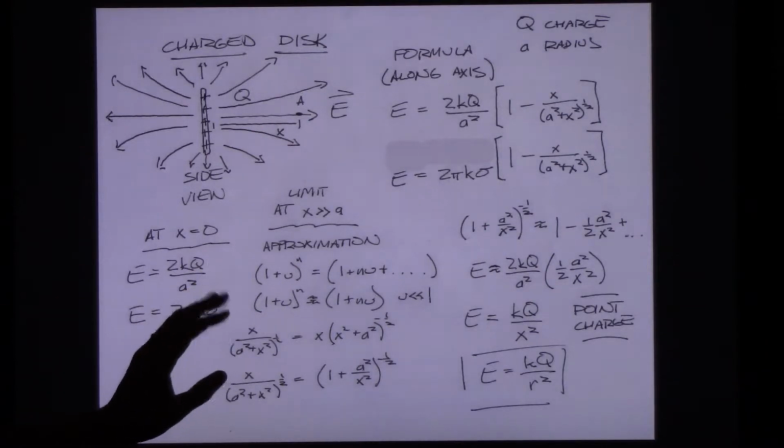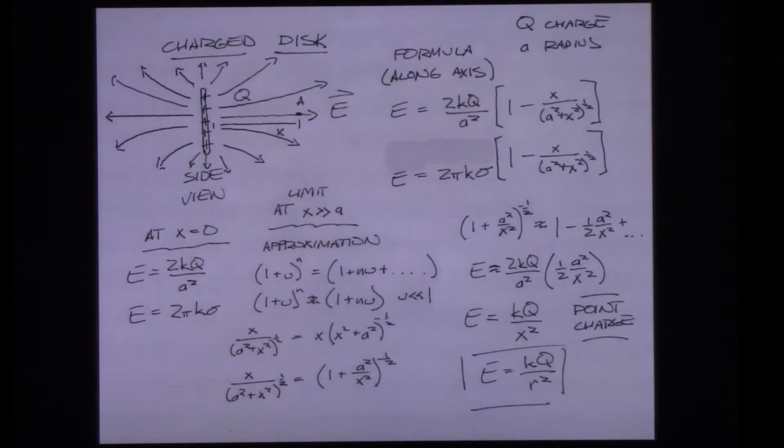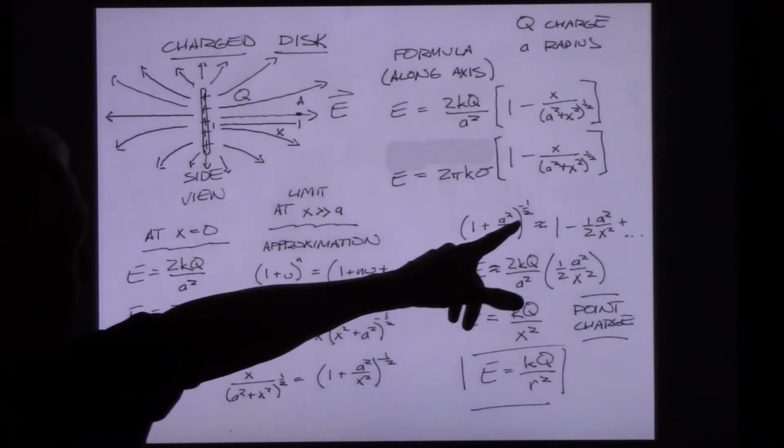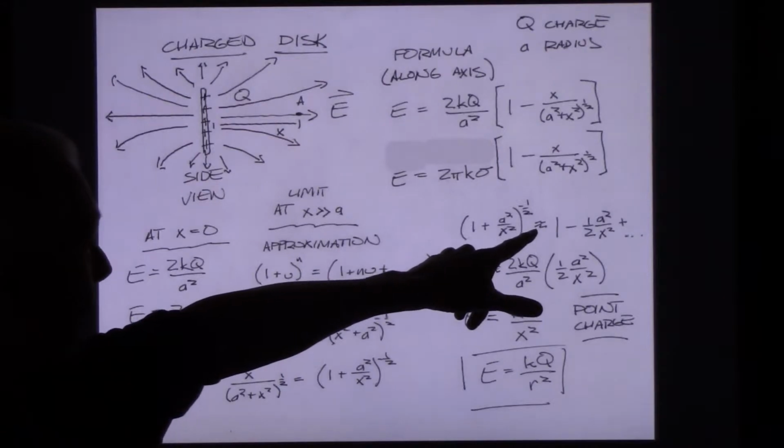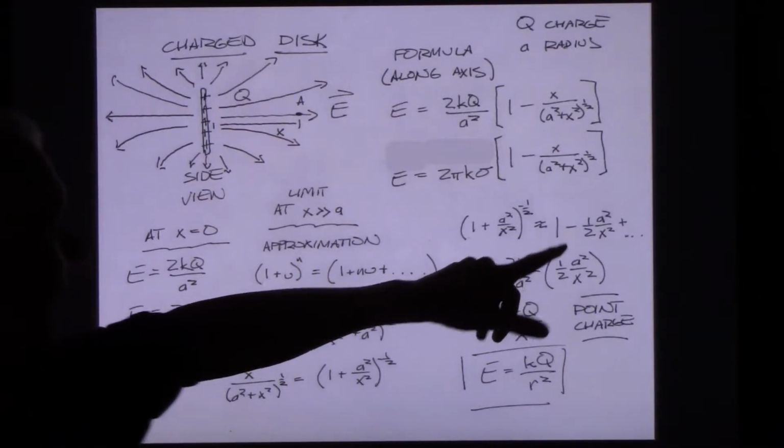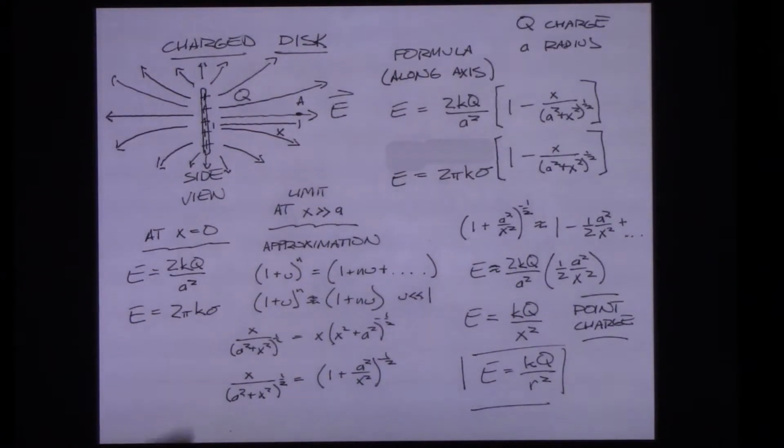So this approximation formula works for positive and negative power expressions. So I can take the 1 plus a squared over x squared to the minus half and replace it with 1 minus 1/2 a squared over x squared. Now, there's more terms in that series, but they're going to be so small, I can just ignore them.